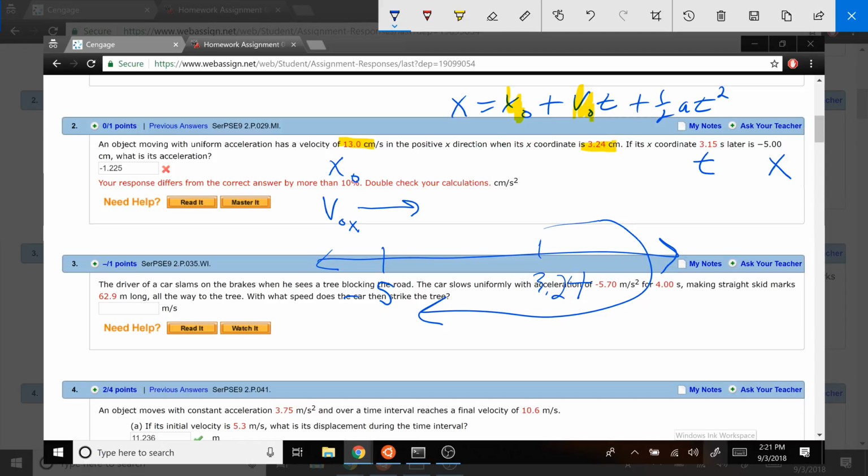Which means the acceleration must be negative. But what is the acceleration? But the fact is, I have everything on here. I have the final x, I have the initial x, I have the v naught, I have the time, I have everything but a. Okay, I did this way too hard then. I made this way too difficult.